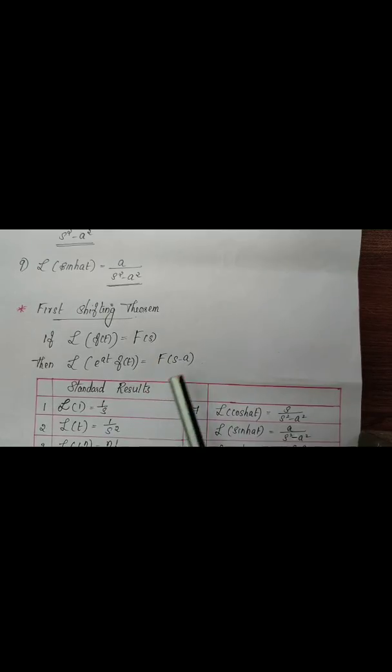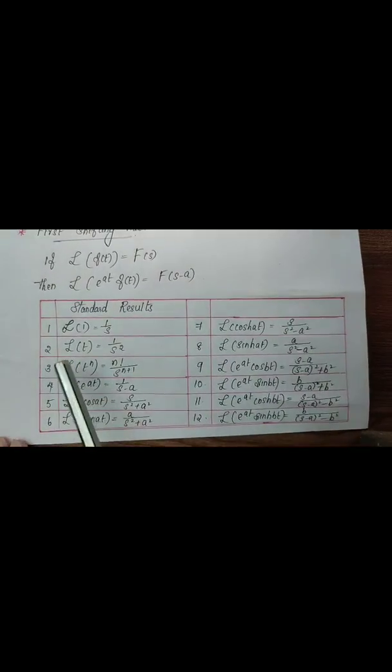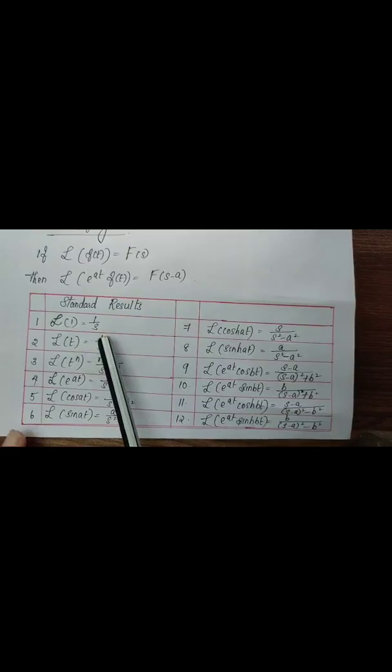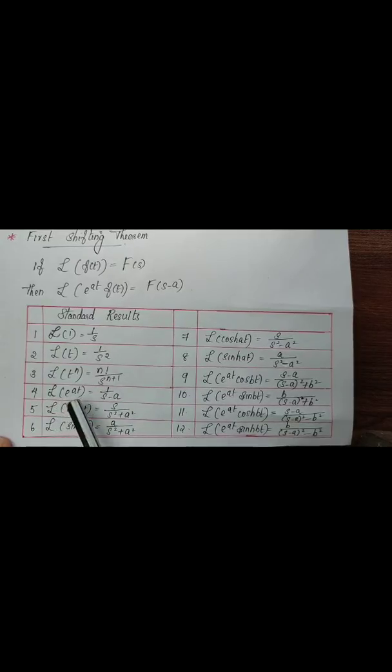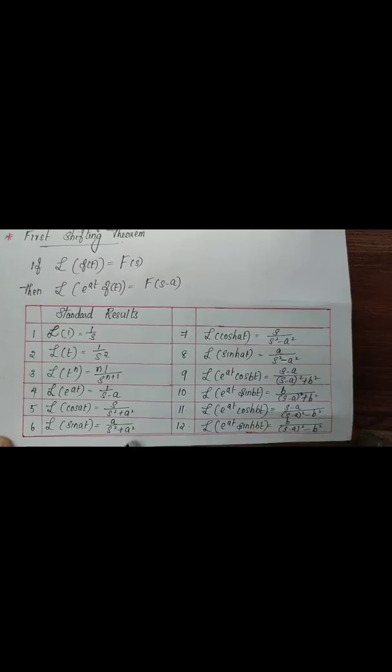Okay, now we can consolidate the standard results as Laplace transform of 1 is equal to 1 by s, Laplace transform of t equal to 1 by s square, Laplace transform of t raised to n is equal to n factorial by s raised to n plus 1, Laplace transform of e raised to at equal to 1 by s minus a, Laplace transform of cos at equal to s by s square plus a square, Laplace transform of sin at equal to a divided by s square plus a square.